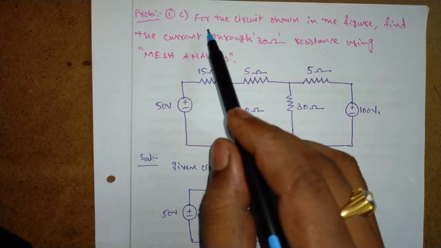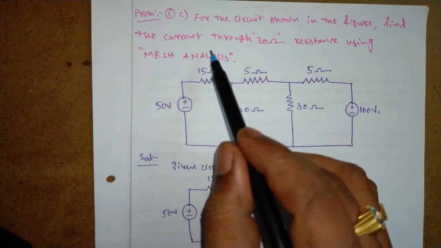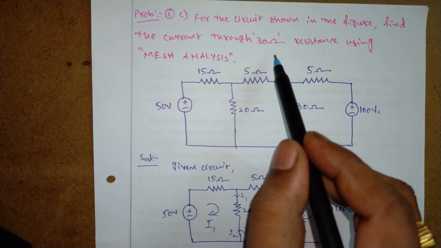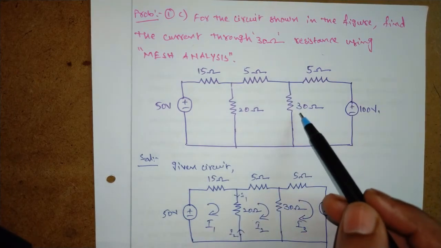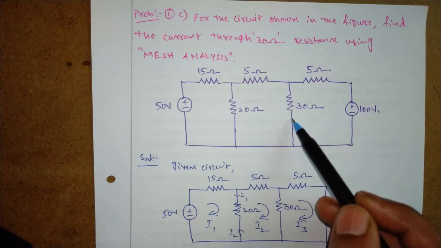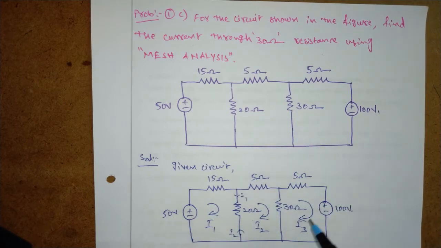Coming to the question, we have to find the current passing through the 30 ohms resistor. Here this is the 30 ohms, and this 30 ohms is between loops 2 and 3. The current passing through this 30 ohms is the difference of currents I2 and I3.